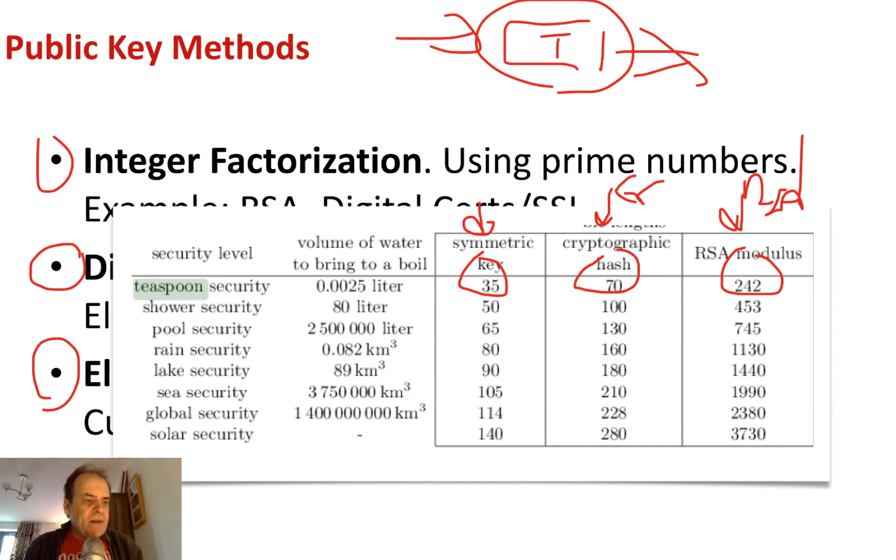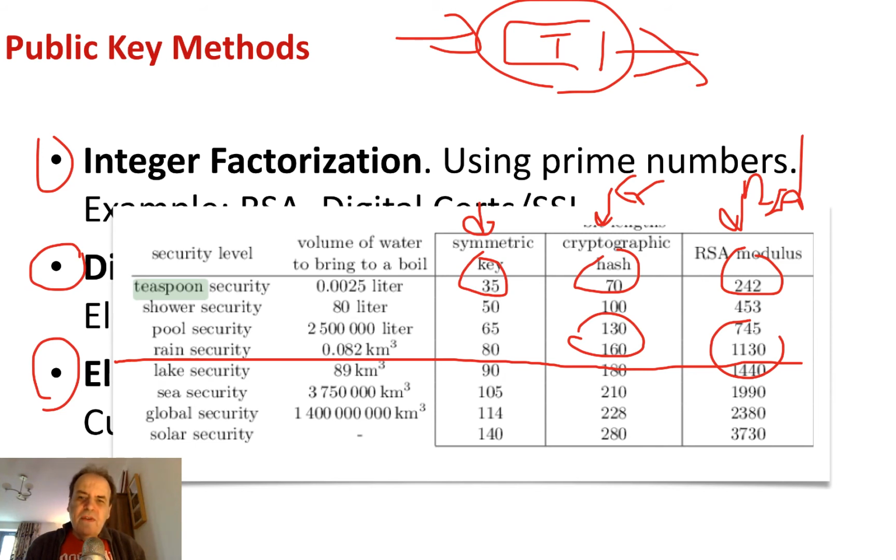Then as we go up, here we are here. Okay, so this is range security. This is 80-bit symmetric, 160 for elliptic curve, and about 1200 or so for RSA. Okay, so you can see that we need much smaller keys than we need for RSA.